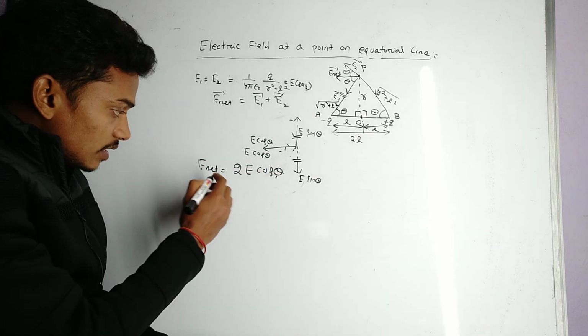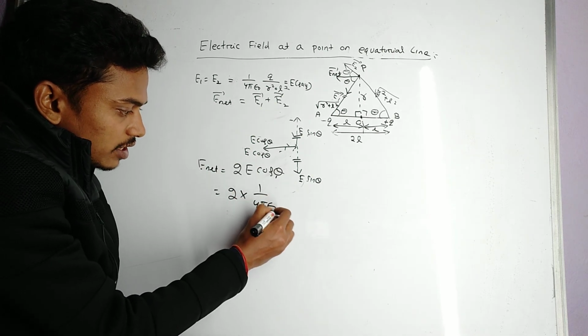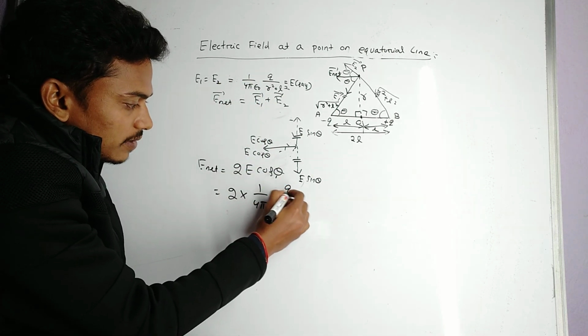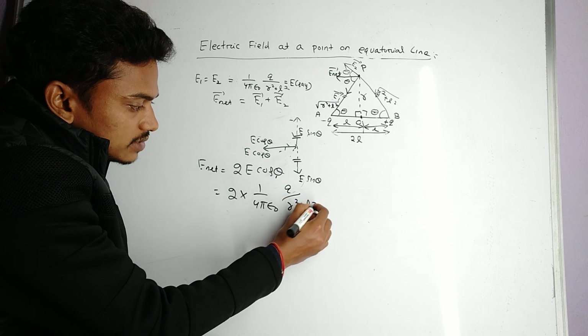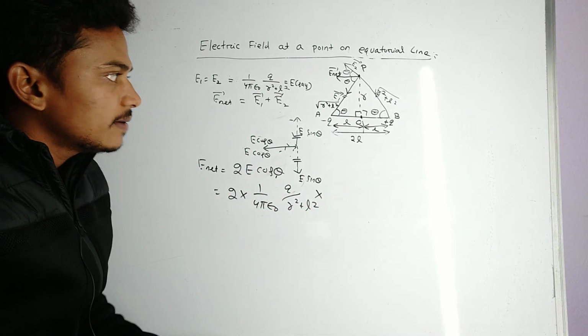And the value of E is 1 by 4 pi epsilon naught q by r square plus l square, into cos theta, into 2 into E into cos theta.